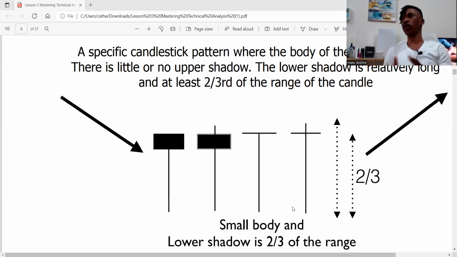If it doesn't appear on an uptrend, then it's not a bullish pin bar. For the fact that this is a bullish pin bar, it was meant to be used on a bullish trend.